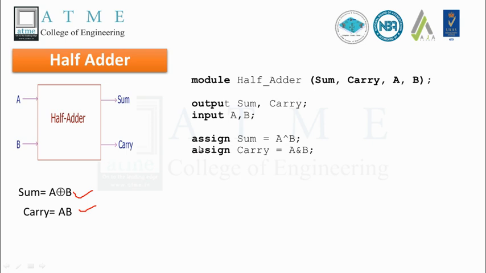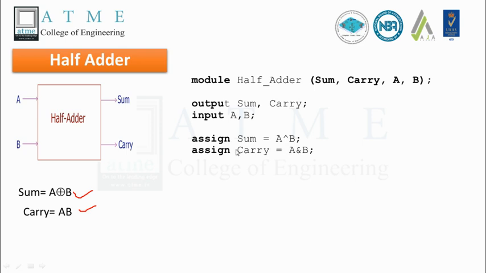Assign is the keyword which calculates the RHS part, and the calculated result will be assigned to the LHS. Essentially, the LHS should be of the type output, whereas the RHS should be of the type input.